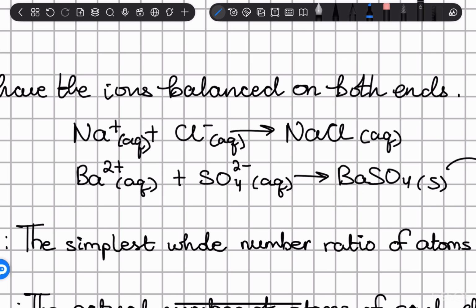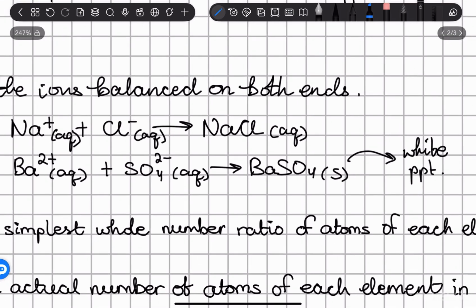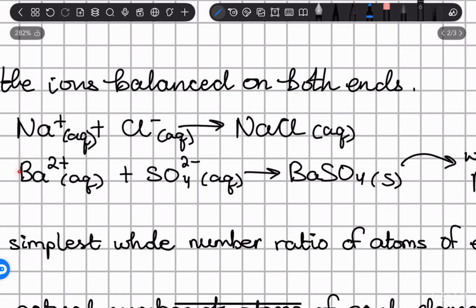So for example, this plus and minus, when you add them on the left hand side of the equation, the total charge is 0, and the right hand side also, it's 0. Then you can have barium, which is 2 plus, and then sulfate, which is 2 minus. So 2 plus and 2 minus is also 0, and then barium sulfate is 0.